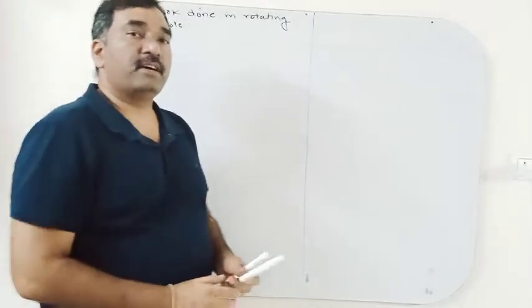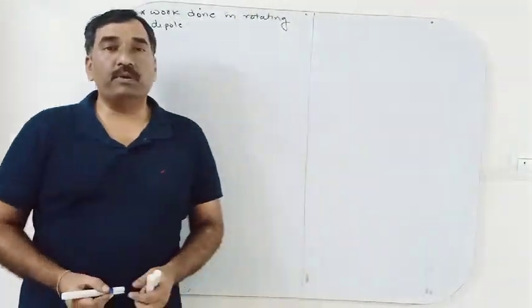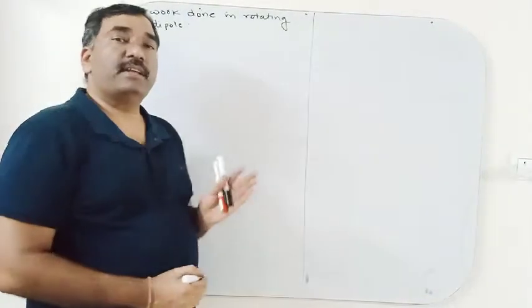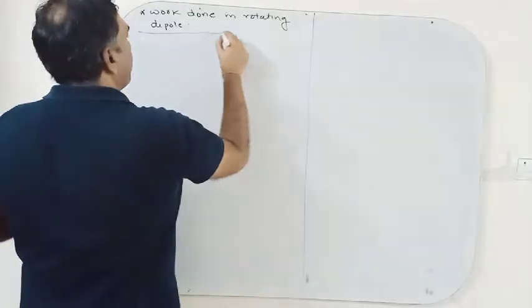Work done in rotating a dipole. Now we continue with the next topic for the dipole. Work done in rotating a dipole in a uniform electric field. It is very simple.